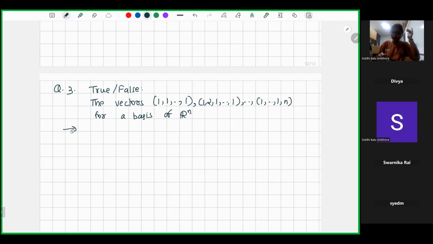So first of all, there are n elements. Okay. So property of basis, there are many ways to look at basis. So for basis, we have two properties to satisfy. First is it generates what we say, it generates the set.